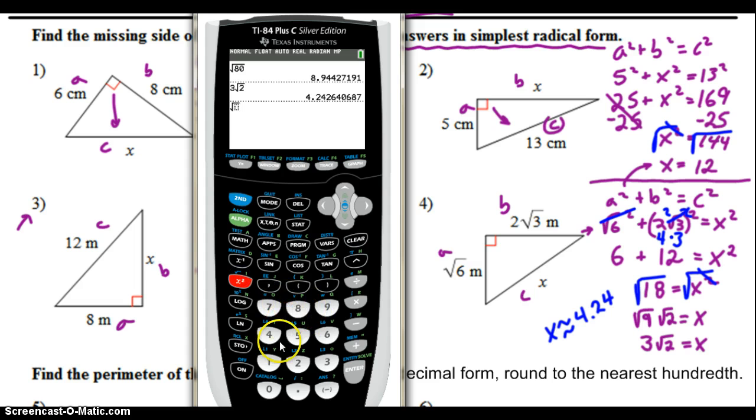It also comes out to 4.24. So it doesn't matter at which point you put this into the calculator, if you need a decimal, in the beginning or at the end. Both will work. In fact, a nice way to check that you've done the simplification correctly is to put the original square root of 18 in the calculator, get 4.24, and then put your final answer, 3 square root of 2, in the calculator, get 4.24, and since they're the same, we know that we've done our simplification correctly.